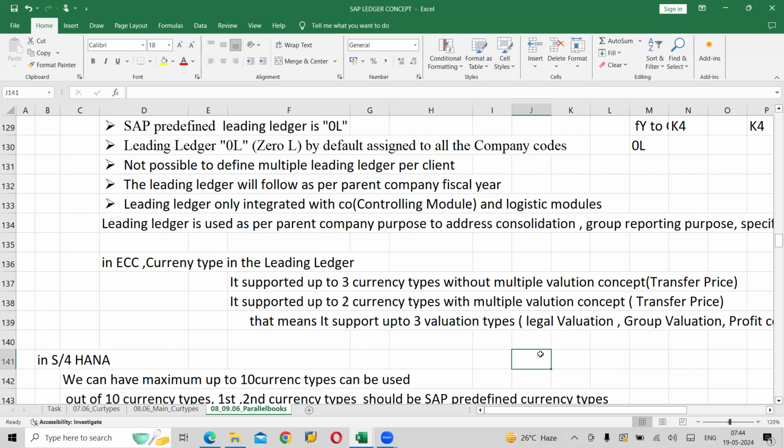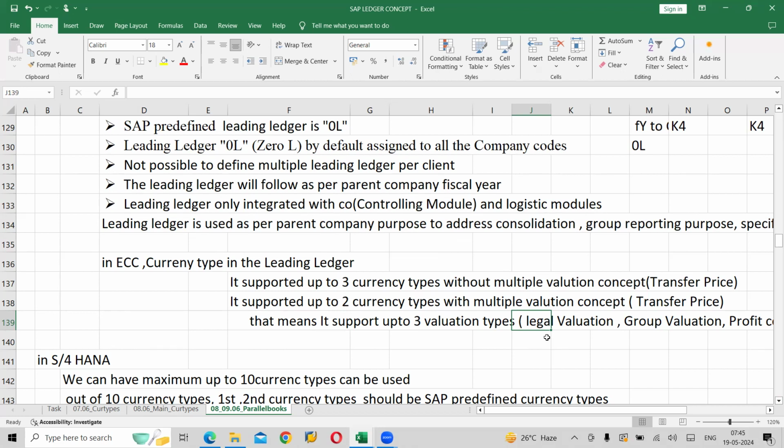Legal valuation includes all your transactions, inclusive of buying and selling, receipts and payments, meaning third party transactions, as well as your intercompany transactions.